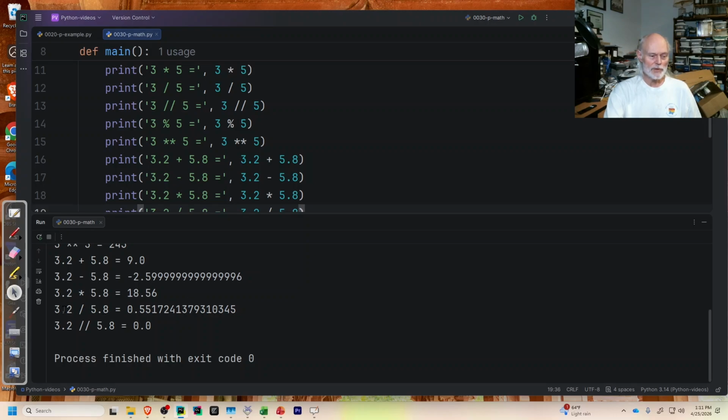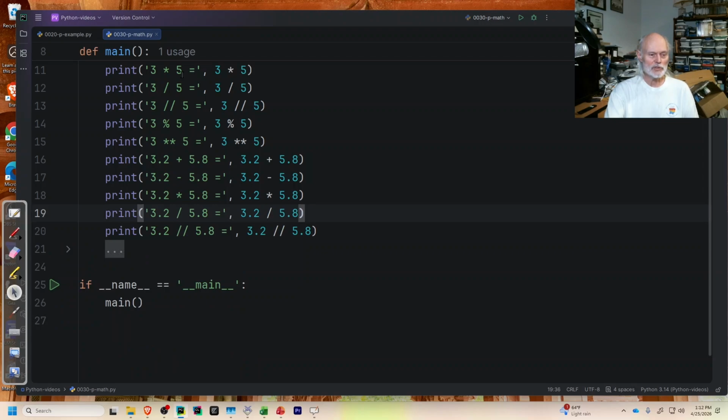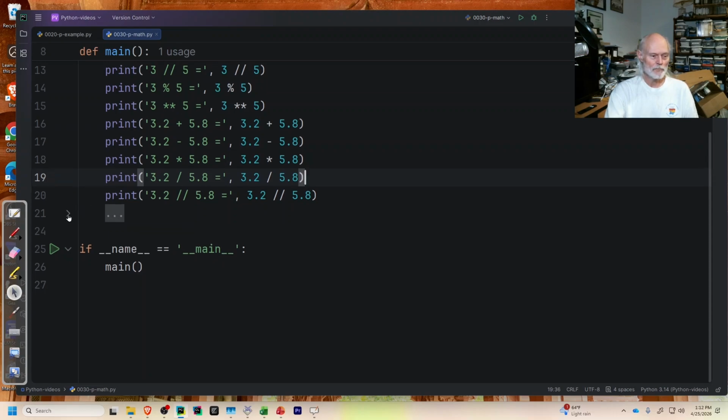And the same thing with the division here. Instead of, I guess, 0.55, it gave us 0.551. The floor gave us the 0 we would have expected. So we have the ability to do floating point math. Now, had we mixed integers and floating point numbers, we would have gotten a return of a floating point number.